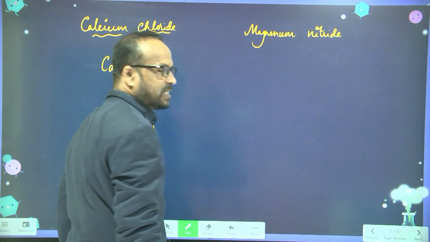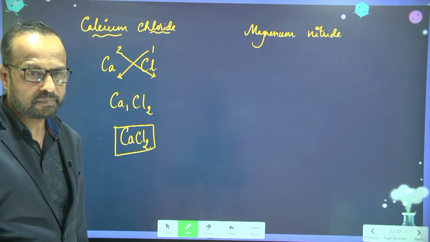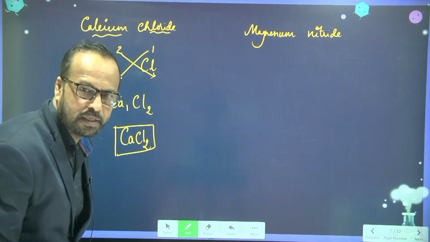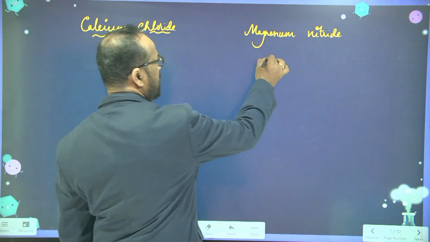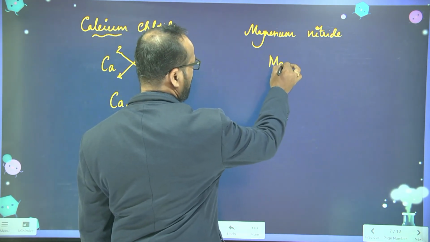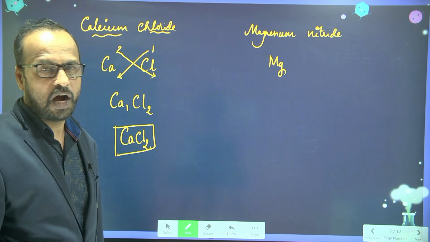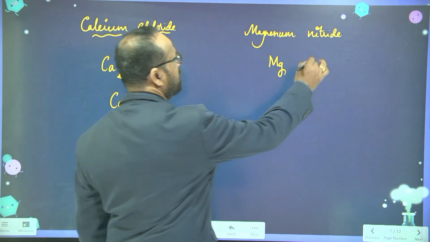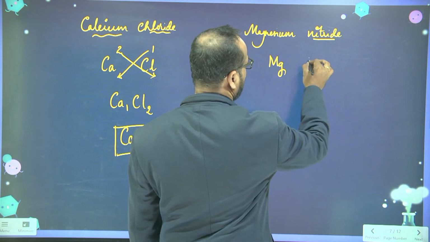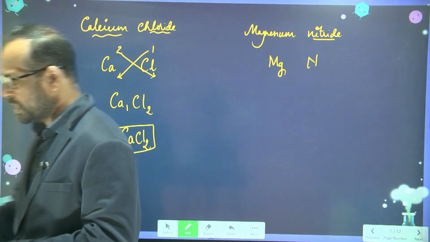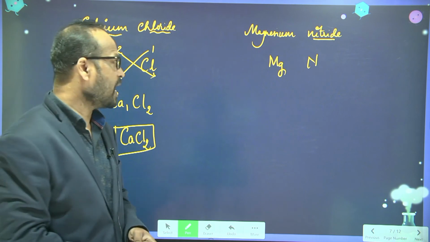Okay, so what is the symbol of magnesium? Come on, say what is the symbol of magnesium? Symbol of magnesium is Mg. So write Mg. Okay, the first step is what? To write the symbols of those elements. Now nitride means what here? Nitrogen. So write the symbol of nitrogen, that is N.